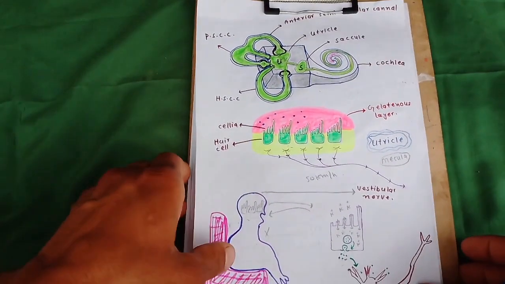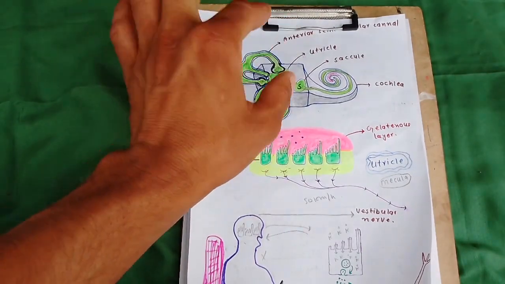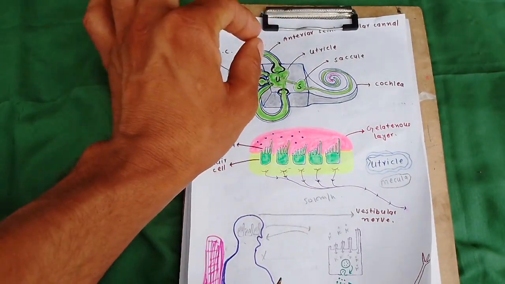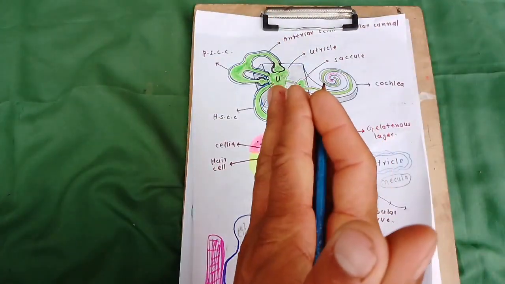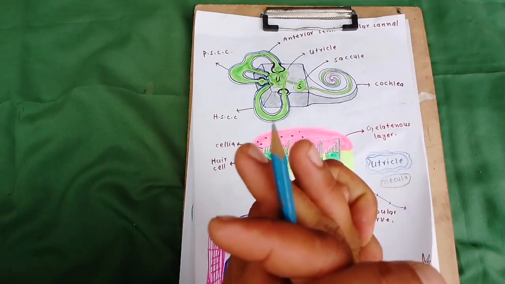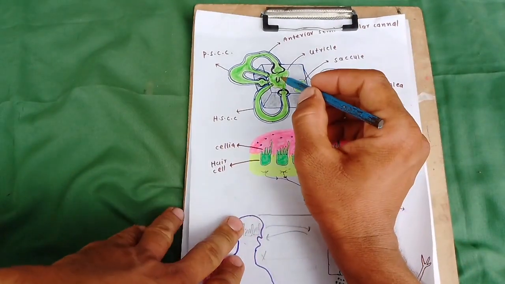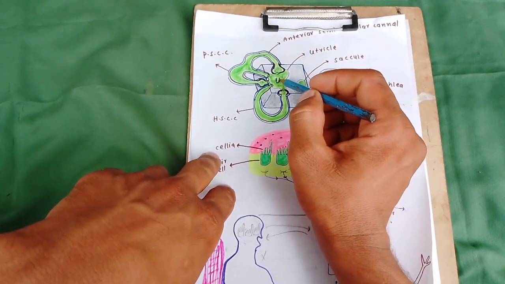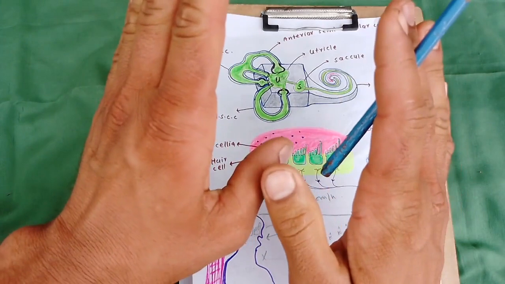So let's start. What is the vestibular apparatus? The vestibular apparatus is the part of the body in the inner ear which maintains the normal posture and equilibrium of the body. I will discuss first the utricle and saccule, and then the semicircular canals.